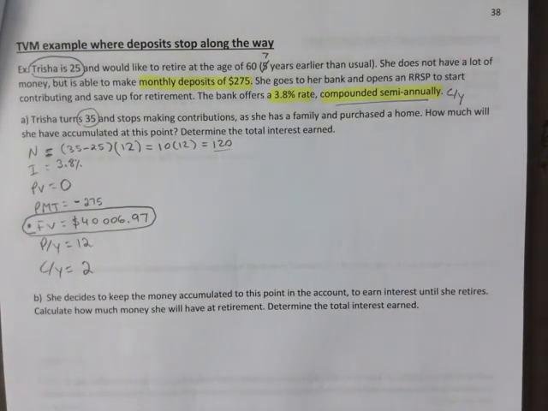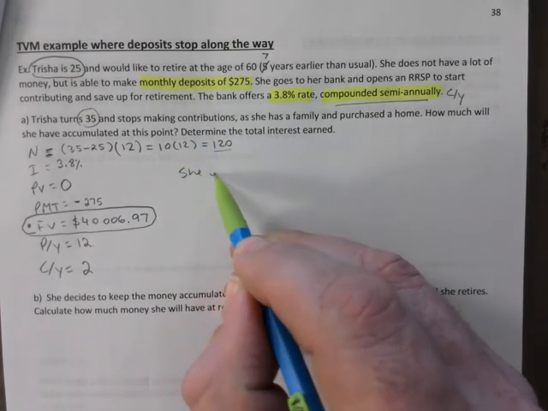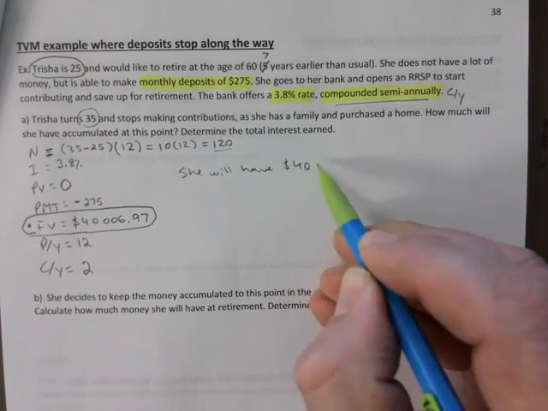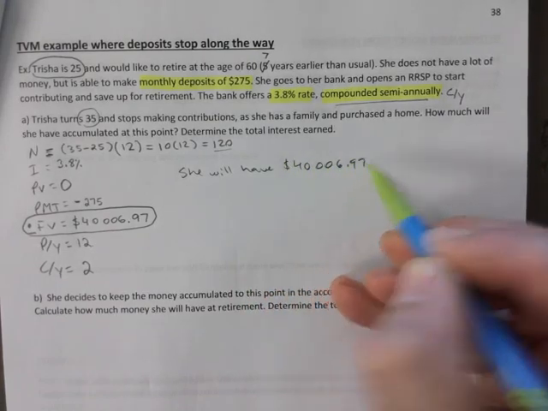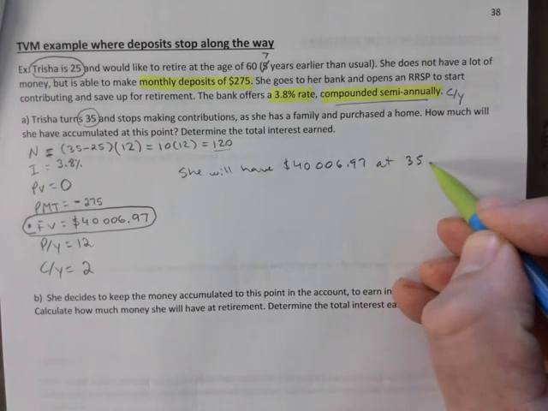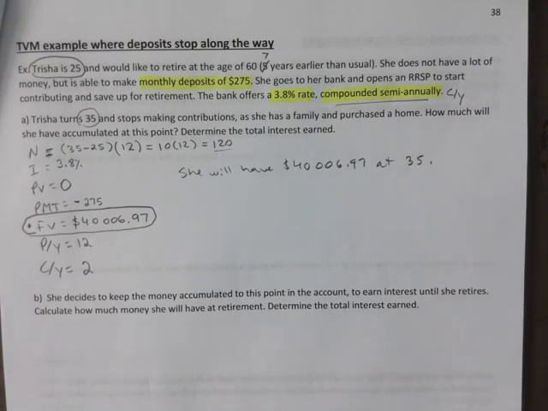So that answers the first part. She will have $40,006.97 at 35. Okay, so we make clear that that's answering.